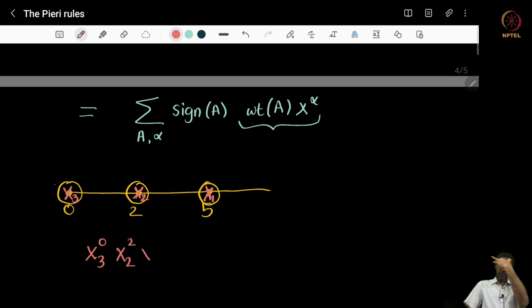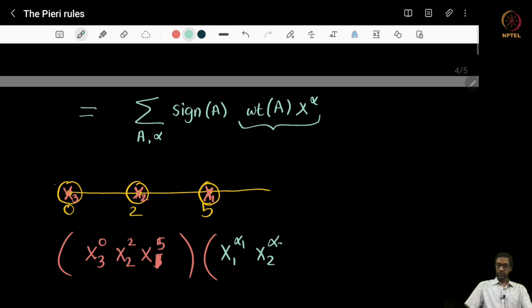Just look at what bead resides at what position, and you say it is that bead label raised to the corresponding position. That's on one side, and on the other I want to take this monomial and multiply it by x power alpha. What does x power alpha look like? It's some x1 to alpha 1, x2 to alpha 2, x3 to alpha 3.